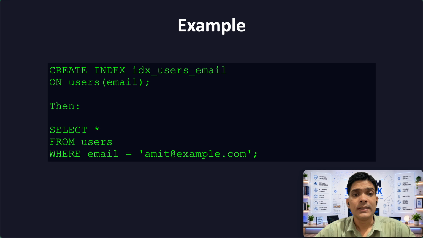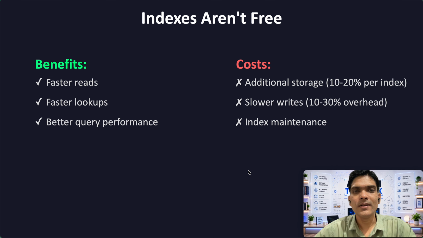Of course, the exact behavior depends on the database engine, the query, the data distribution, and the execution plan. So, indexing is not simply about adding an index to every column. We need to understand how our application actually queries the database. So, we need to have the right trade-off.